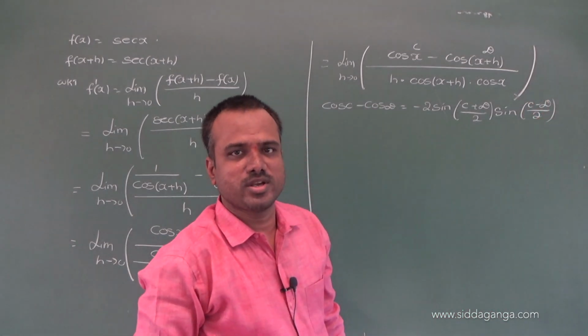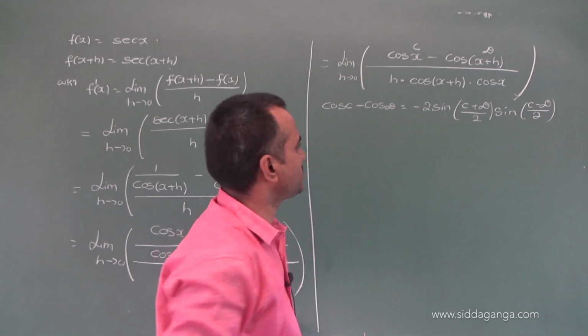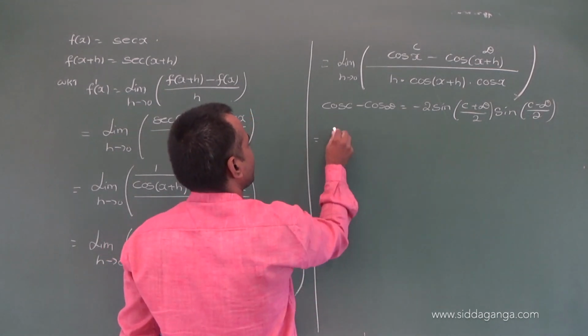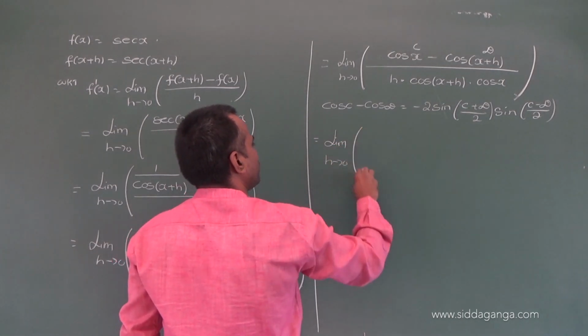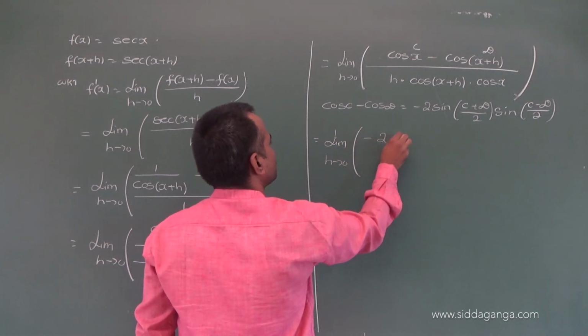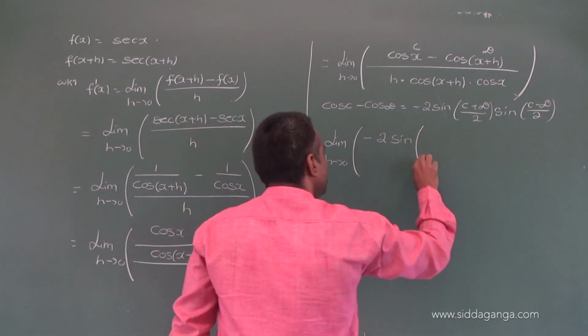Limit h tends to 0, minus 2 sin of C plus D by 2 into sin of C minus D by 2.